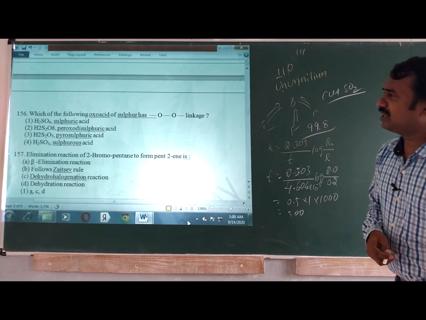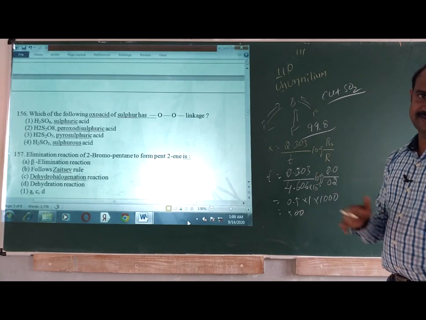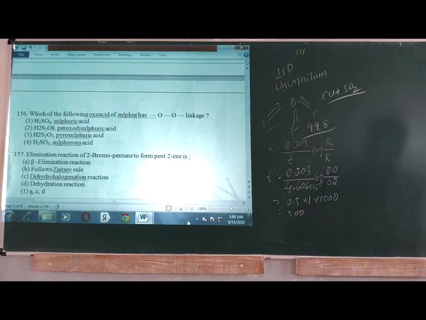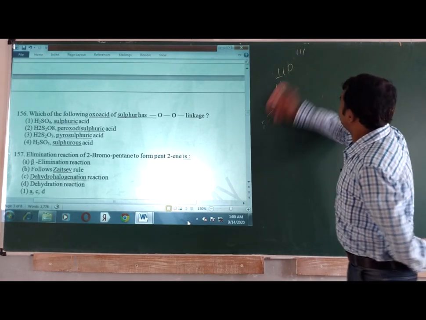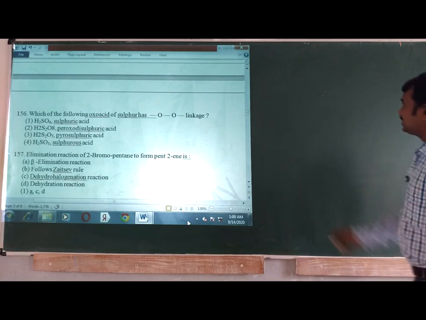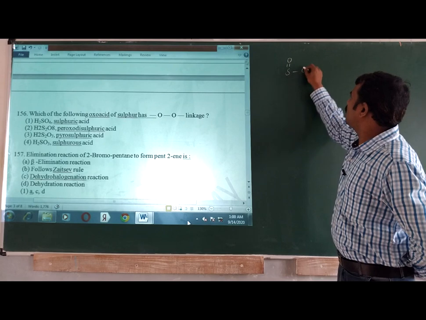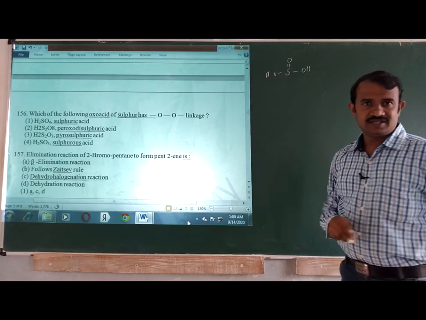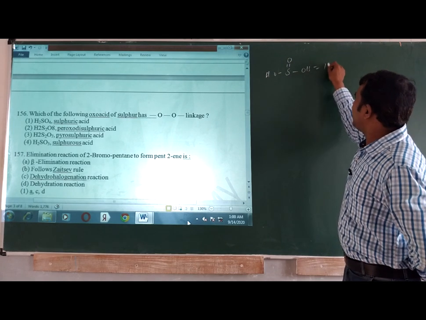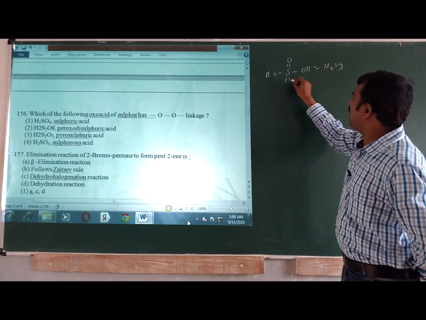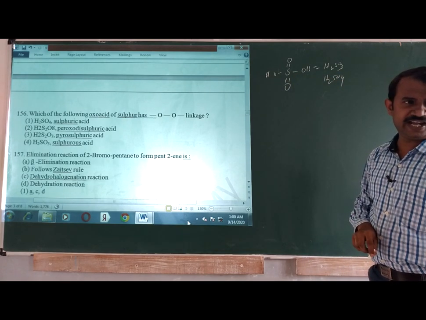Next one, which of the following oxo acids of sulfur has peroxo linkage? The sulfur which containing so many oxo acids, sulfurous acid, sulfuric acid, here the sulfur, here the oxygen, here OH, here OH, this is a sulfurous acid, means here H2SO3. If you go for O4 means H2SO4 is sulfuric acid.